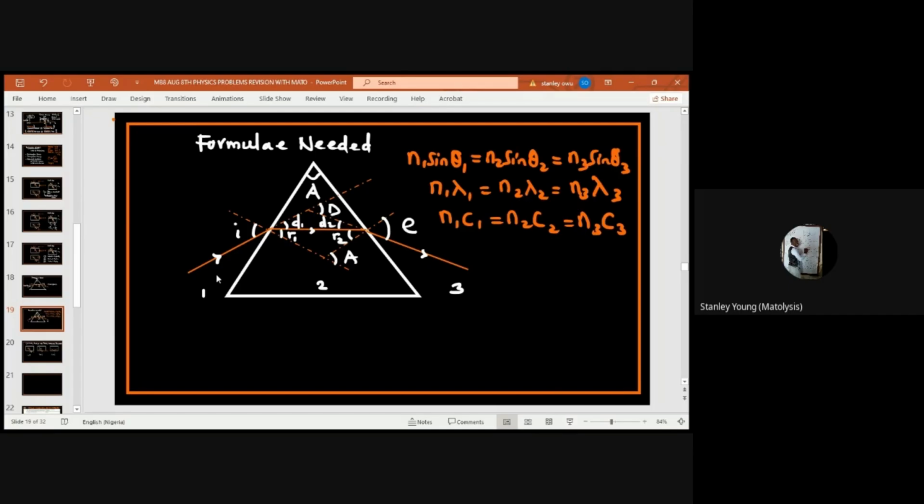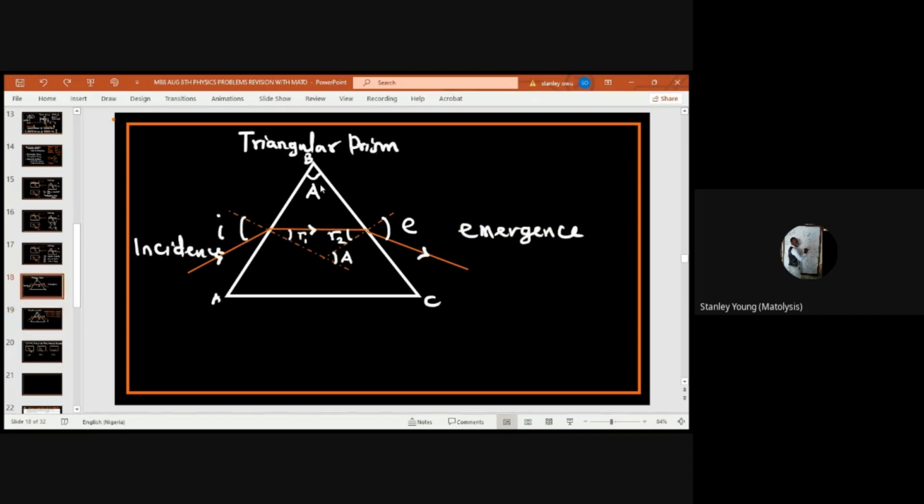Then in some cases, I forgot to talk about this angle here. This particular angle here is called the optical angle of the prism. The optical angle of the prism is usually denoted A. If this triangle here is an equilateral triangle, you know what an equilateral triangle is? All the angles are the same and all the sides are the same.